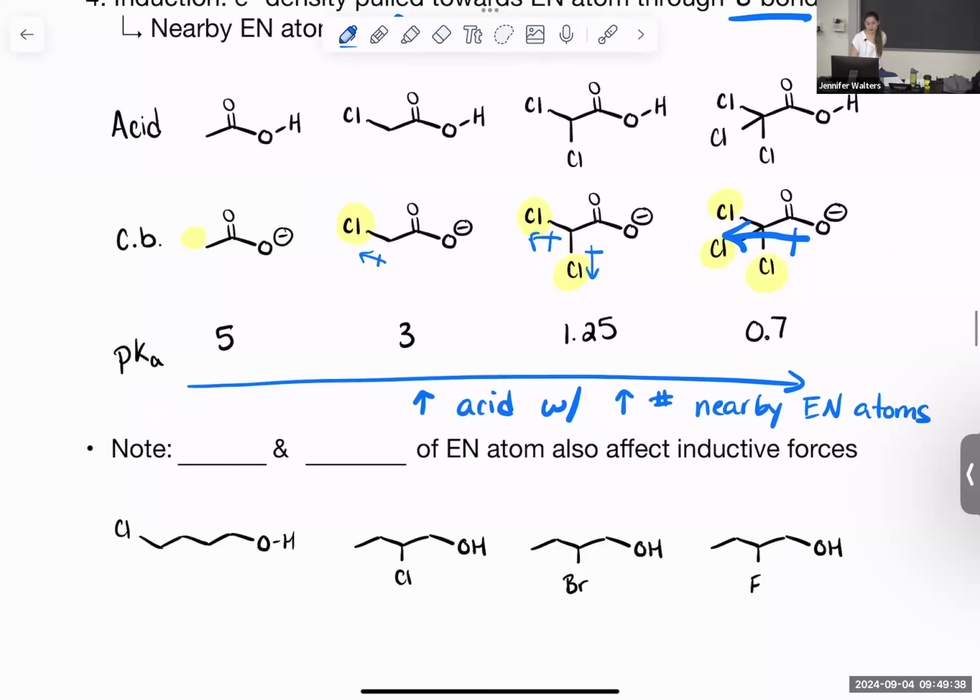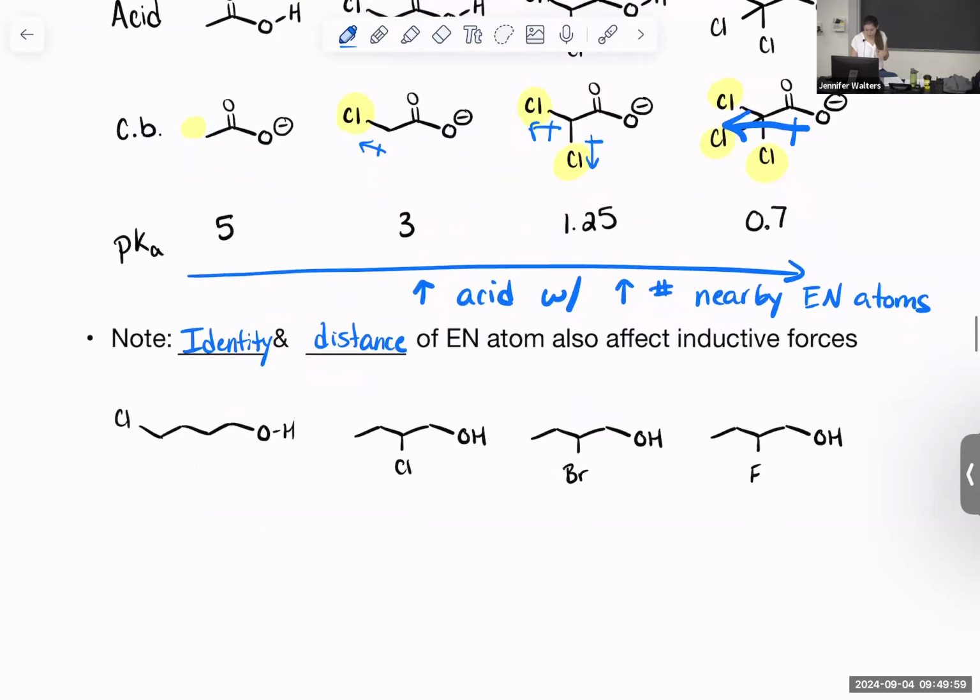It's important to note that the identity and the distance of the electronegative atom will also affect your inductive forces. Inductive forces are not as strong as resonance. The farther away they get, the weaker they are. The closer they are, the stronger they are, the more significant they become.